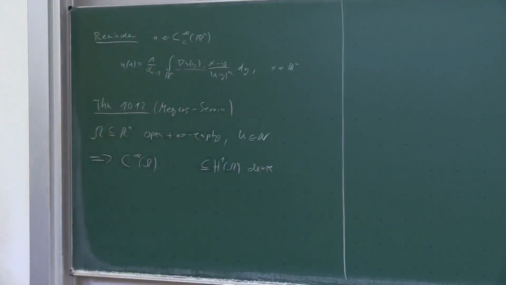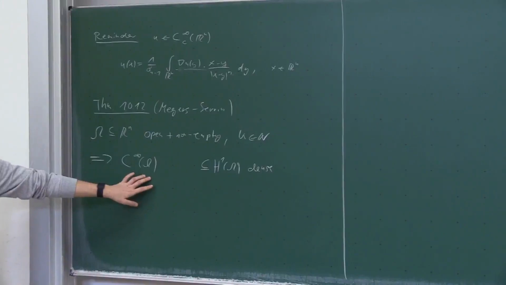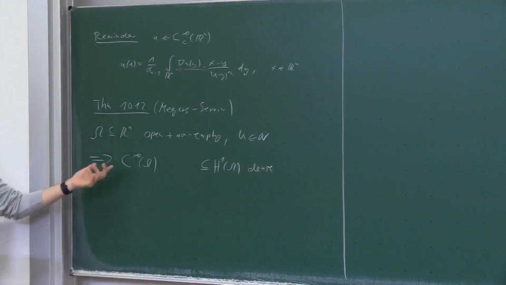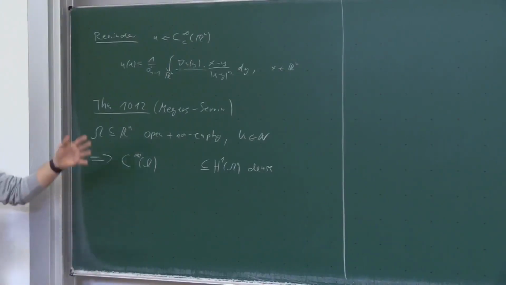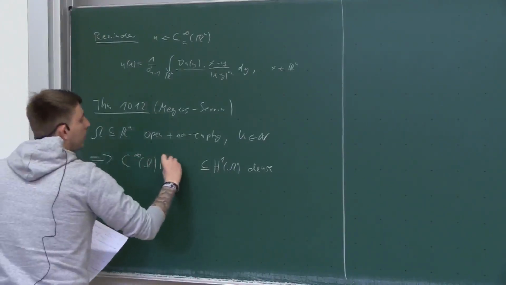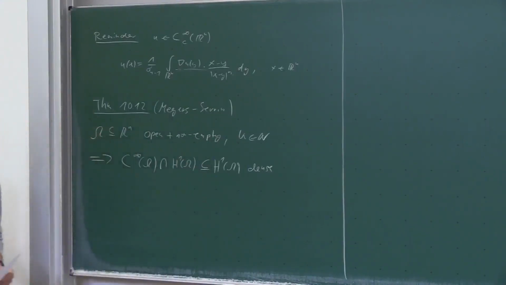This I can certainly not write down because this set might not even be a subset of H^1(Ω). For instance, you could have some functions that are perfectly smooth, but maybe Ω is an unbounded set and we have smooth functions that don't decay or might even grow or something like that. So we have to intersect it with H^1(Ω), but then we really get the density result.